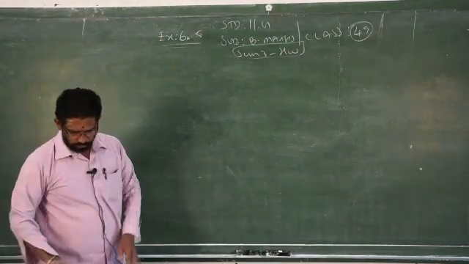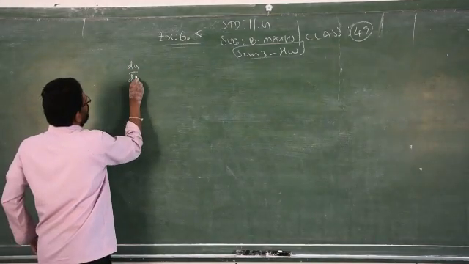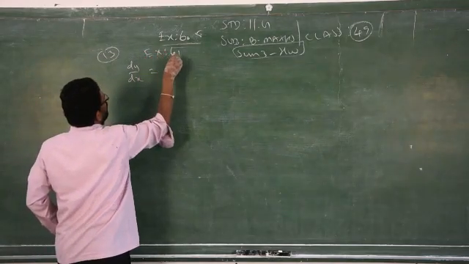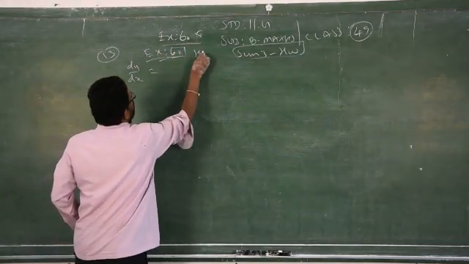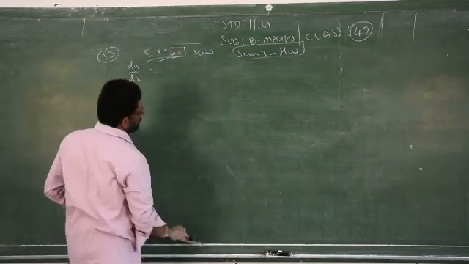Just you have to see that dy by dx is equal to, question number 13, exercise number 6.1. That is a homework problem. Clear? So you just have to rectify those mistakes.